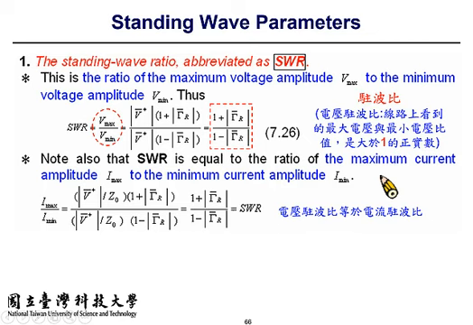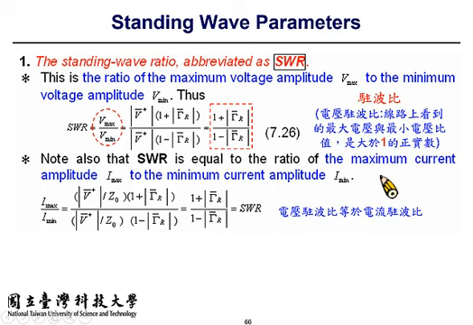And it can be simplified as the expression in the red dashed line box. It's 1 plus the magnitude of gamma over 1 minus the magnitude of gamma. So that's the definition of a standing wave ratio.